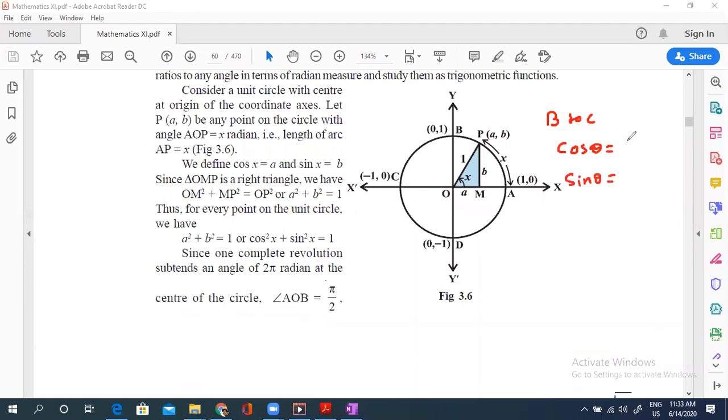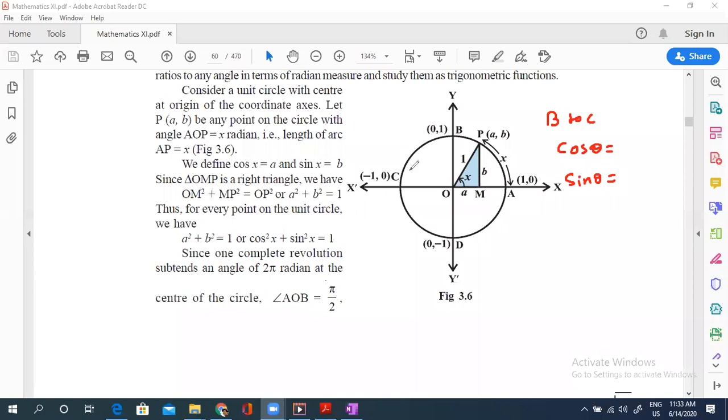From B to C, will cos theta increase or decrease, will sine theta increase or decrease, and will they be positive or negative? Just think about it. When you go from B to C, the perpendicular is decreasing and the base is increasing.